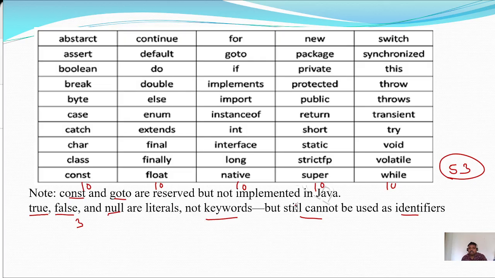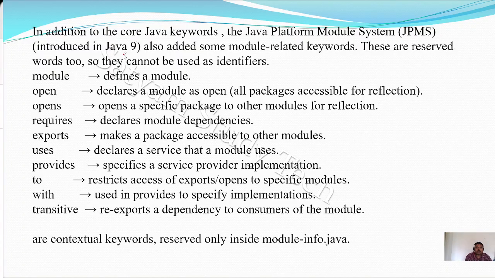In addition to the core Java keywords, the Java platform module system introduced in Java 9 also added some module-related keywords. These reserved words are module, open, opens, requires, exports, uses, provides, to, with, and transitive.